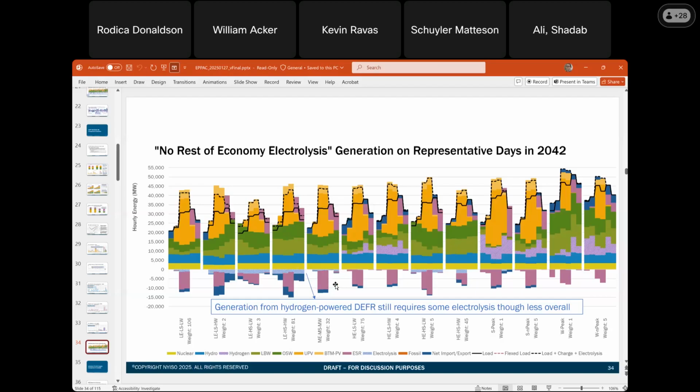It's important to remember the weighting of the representative days here. For example, you see a lot of defer generation, but this is only one day at summer peak, and the same for winter peak. Then we have some weighting of the near peak days. It could appear that there's a misbalance between the generation, but note that there's a significant weight on a day like this that shows where a lot of this electrolysis load is being served. So weighting is key to understanding this part.